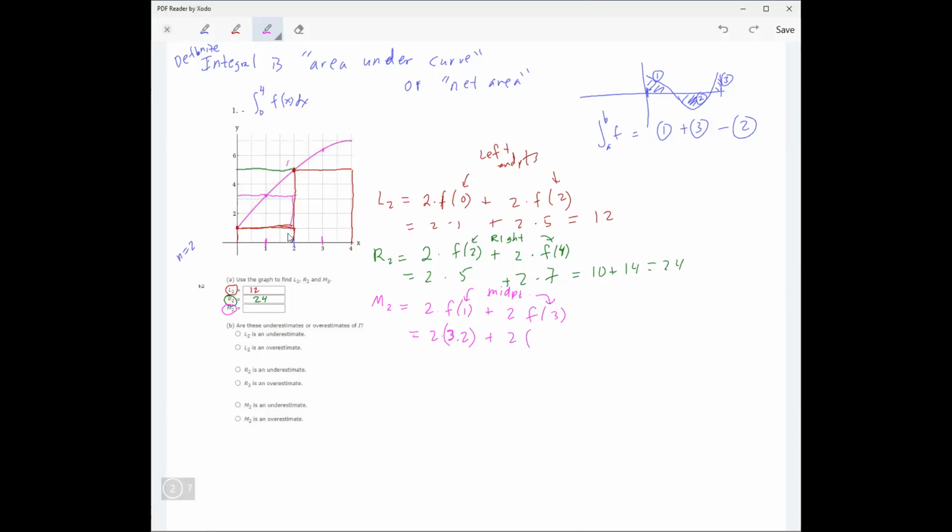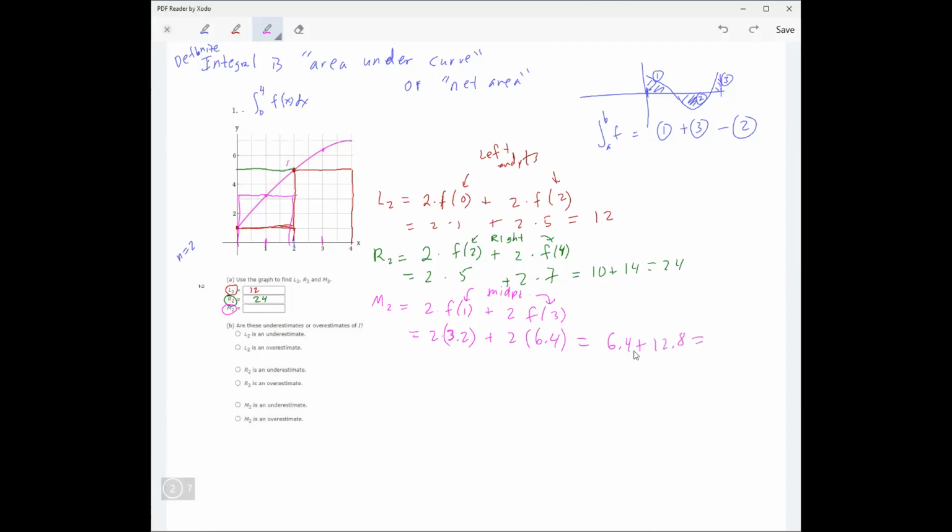So for the midpoint one, you're looking for this rectangle here, where the length is 2 and the height is about 3.2. F of 3, the height looks like about 6.4 maybe. So this is going to be 6.4 plus, let's see, 2 times 6.4 is 12.8.